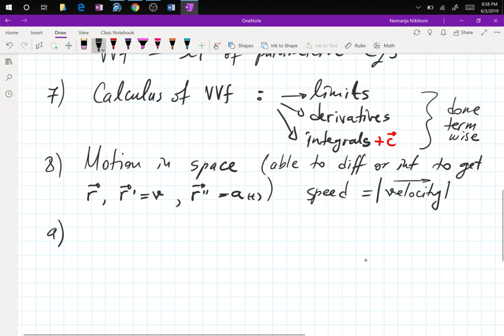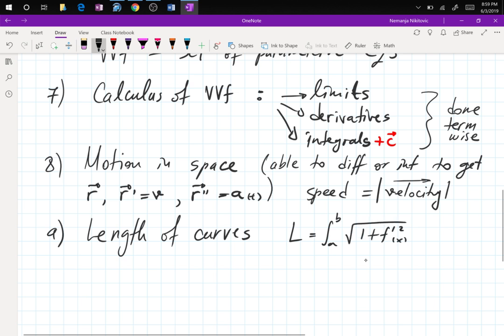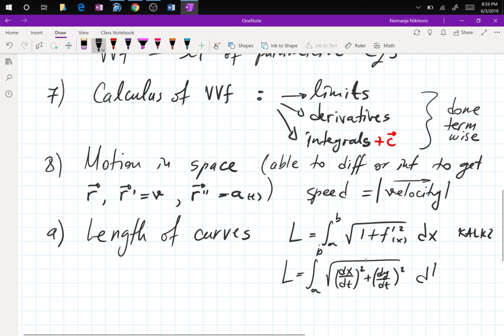Number 9, length of curves. We have 3 different ones. The first one we covered was technically calculus 2. So we have that L is the integral from a to b of the square root of 1 plus f prime squared of x dx. So that's the one from Calc 2. And then you have your parametric form, a to b, square root of dx dt squared plus dy dt squared dt.